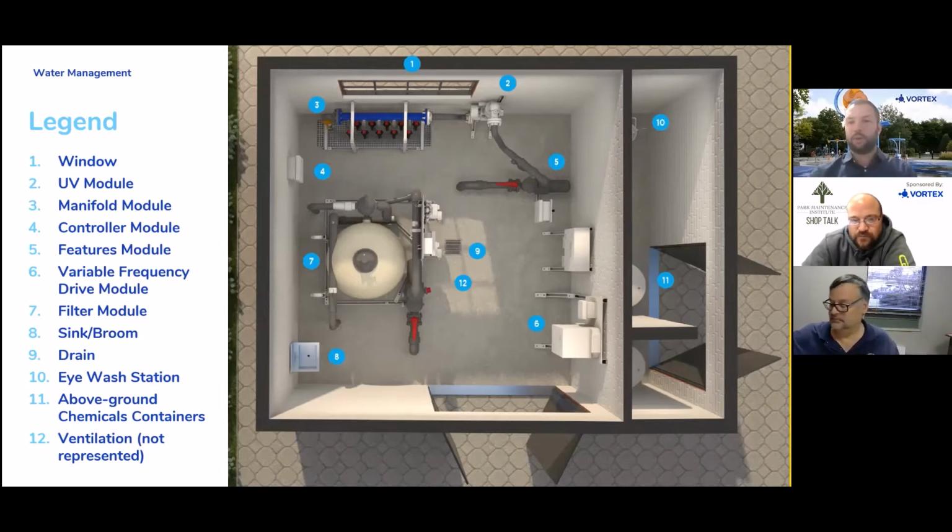But they have their own tank for the splash pad. They have their own debris trap. They have their own, everything else has a dedicated component to the splash pad. Those chemical tanks that they are utilizing for the pool and the splash pad are partitioned off from the rest of the splash pad equipment.